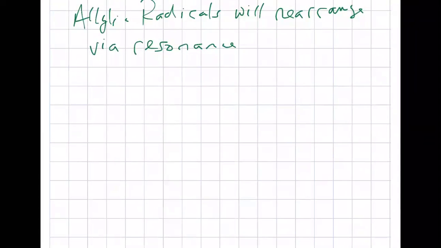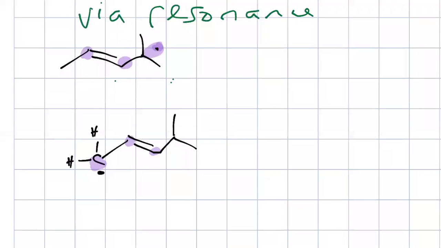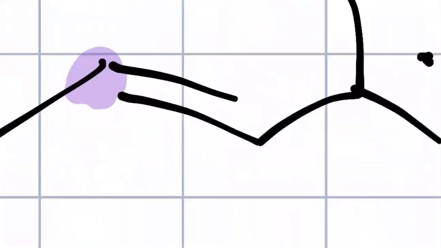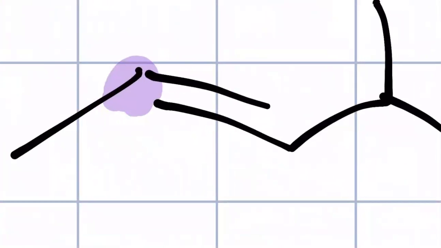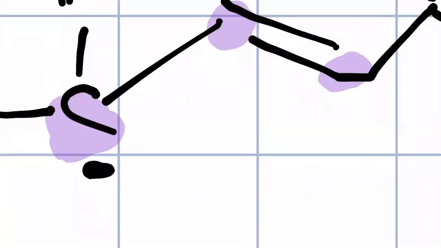That's possible. So you have to account for that in your mechanism. All right, so let me erase that. I don't need that. And erase these highlights if I can. All right. And let me go down here and do the same thing. And then we're going to show the resonance.